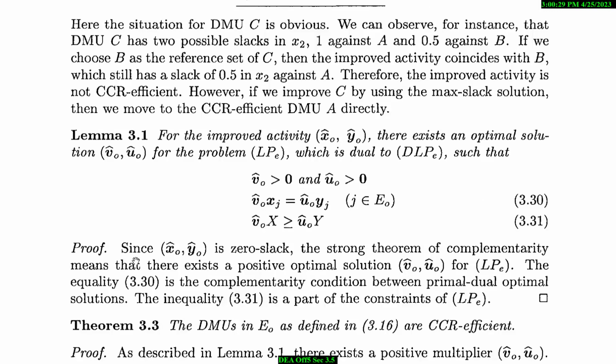Note that indeed we proved there exists a positive optimal solution, that this, the last one, is indeed the feasibility of any optimal solution, and we proved the 3.3 by using the relation you see.